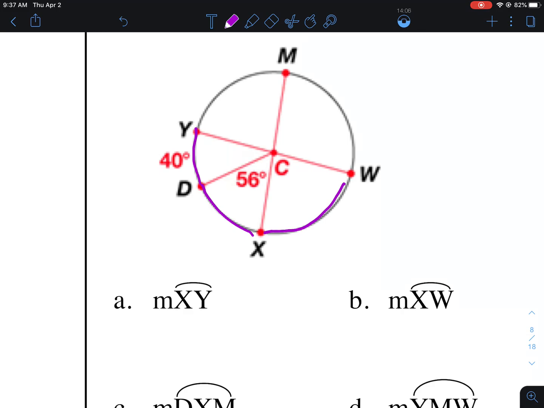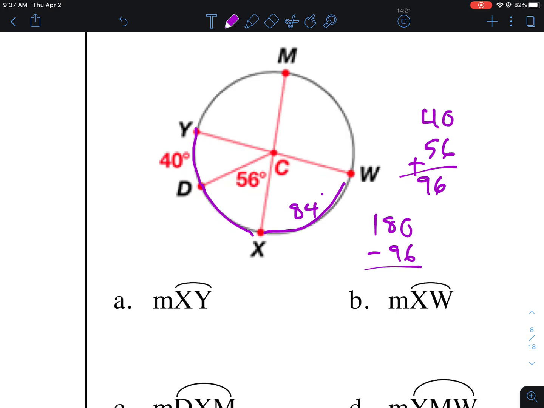This kind of goes back to the stuff we used to do with triangles. Add the two numbers you have, and then subtract them from 180. That will tell you that remaining amount of 84 degrees. So that is how you can find these components right there.